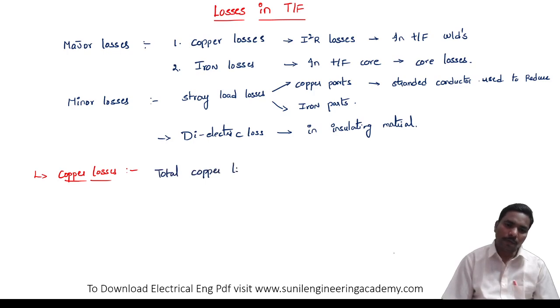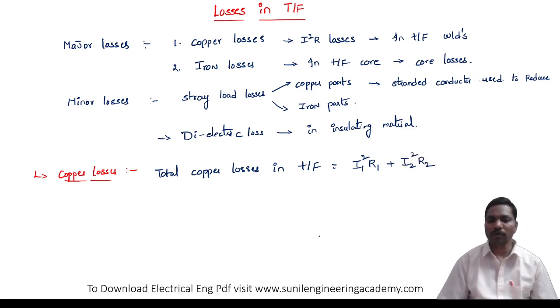Total copper losses in case of transformer. Due to the I1 current, we will get I1 square R1 losses. Due to the I2 current, we will get I2 square R2 losses. If you transfer the resistance from secondary to primary, it becomes R2 dash.